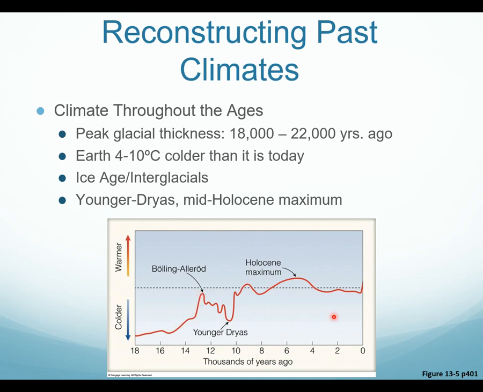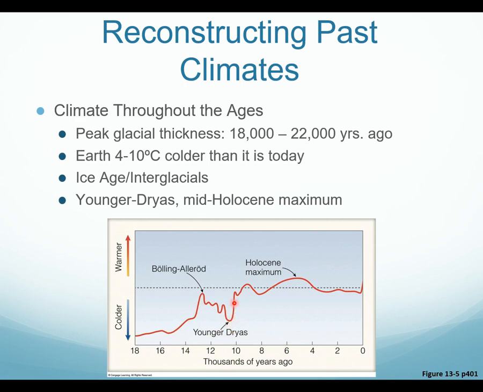Maybe not quite as sudden as what we have today, but it is a sudden increase. So you have a sudden warm period. And it cooled down, went back the other direction, had an unusually cold period. We call this the Younger Dryas period. And so this is kind of like a mini ice age that happened over about 1,000 years.